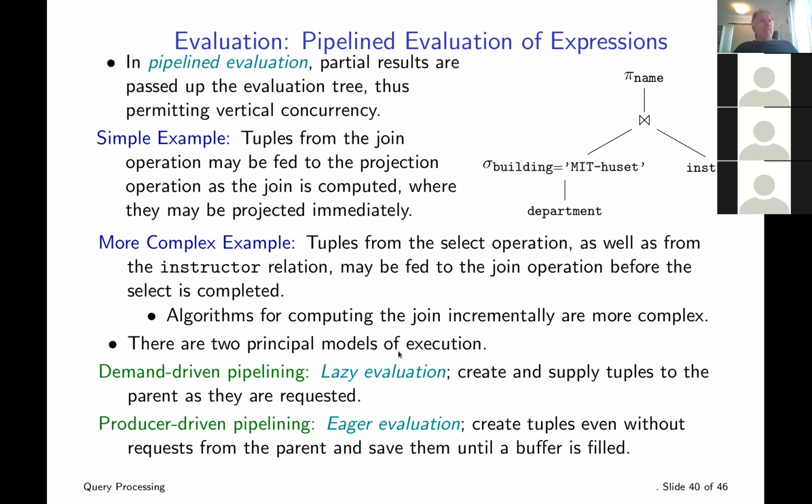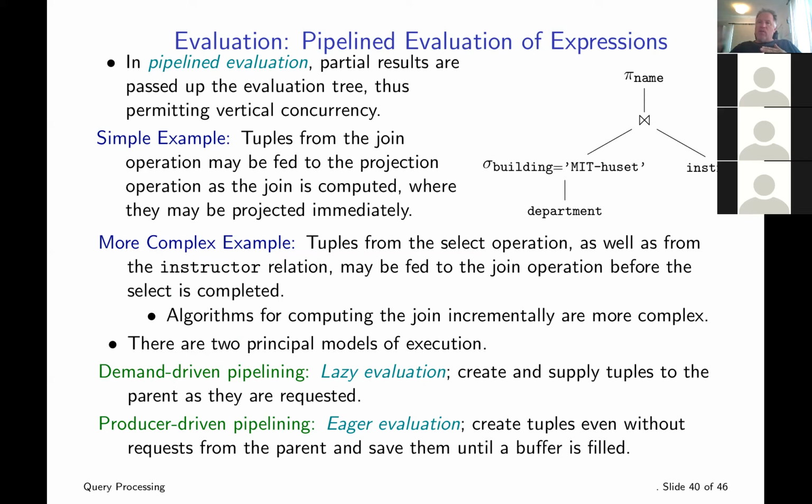Now, if you're in that kind of evaluation method, then you have two options. One option is lazy evaluation: if you're an operator, you only give results out if the operator above you is asking for them.